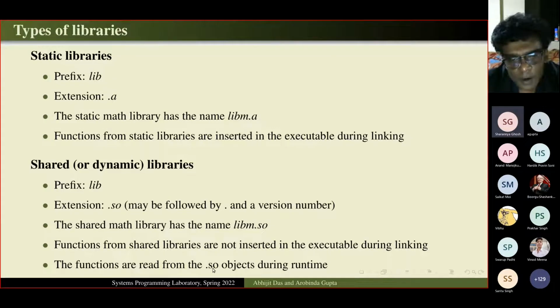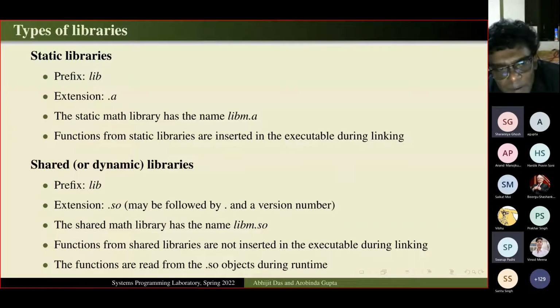Whereas .so files are not attached to your executable, and multiple programs, multiple processes using functions from the shared objects can read from this copy. So that usually makes much smaller code. Okay. So to start with, today we will see how we can ourselves build static and dynamic libraries. Okay, any question at this point?